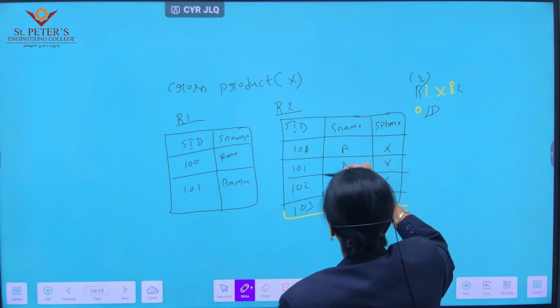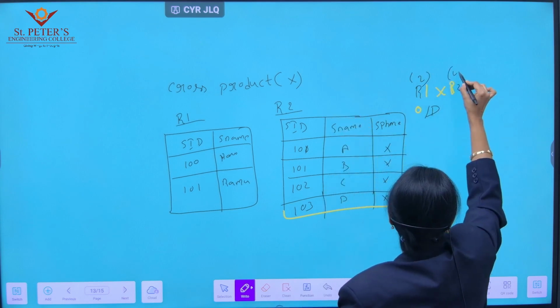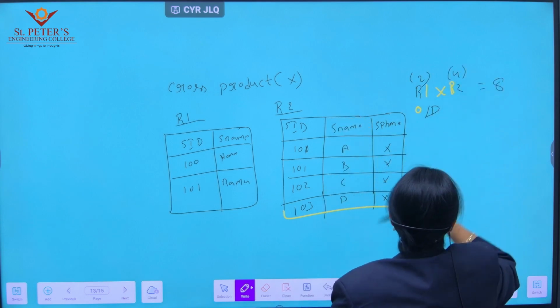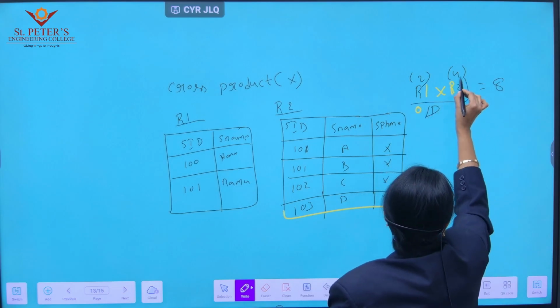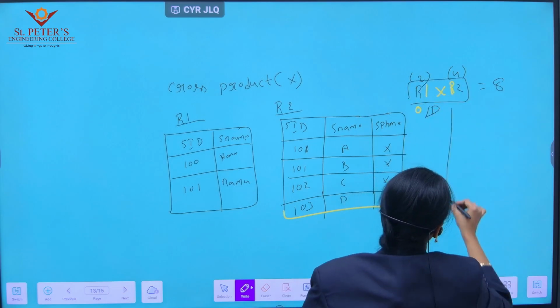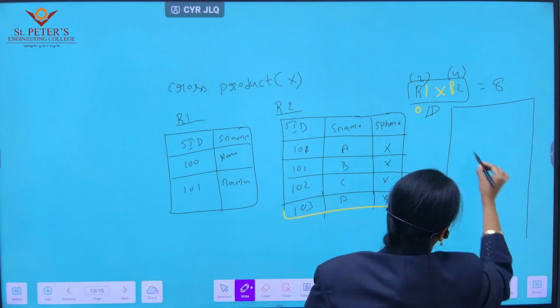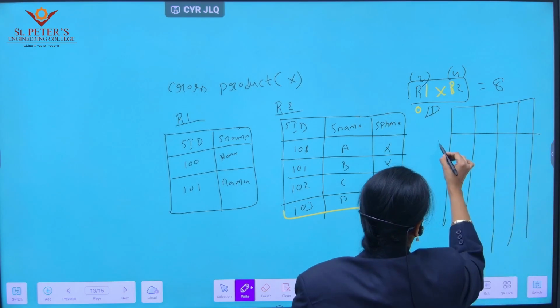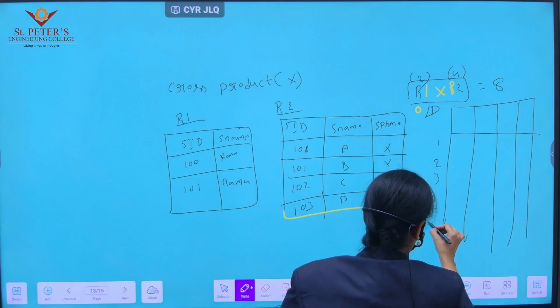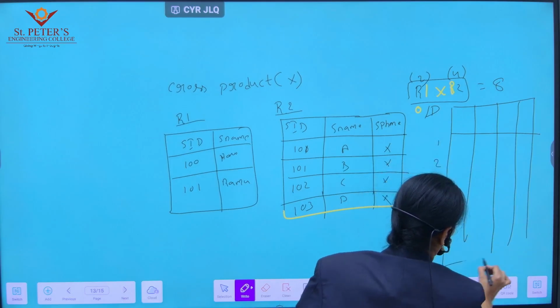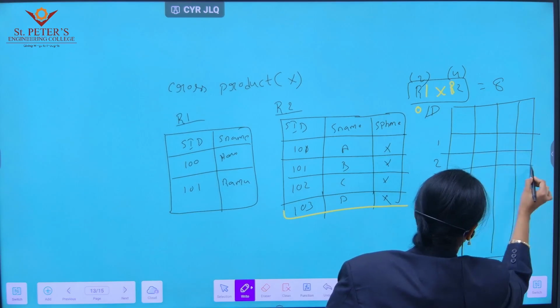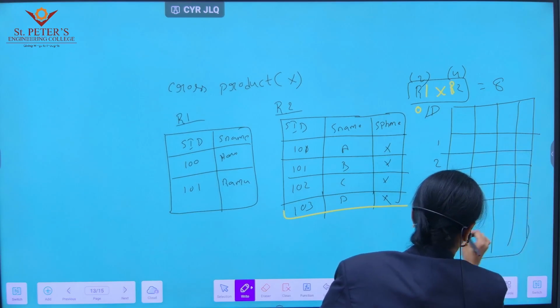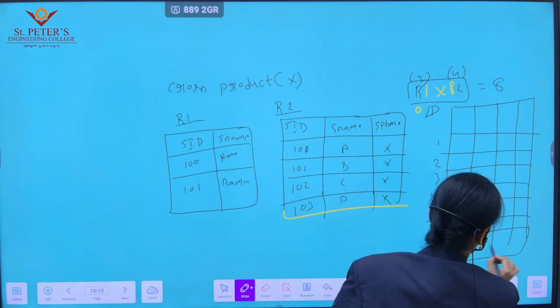In relation R2 how many rows? 4 rows. 2 fours are 8. The output of R1 and R2 produces a total of how many tuples? Total 8 tuples: 1, 2, 3, 4, 5, 6, 7, 8. Eight rows should be present whenever we perform the Cartesian product.